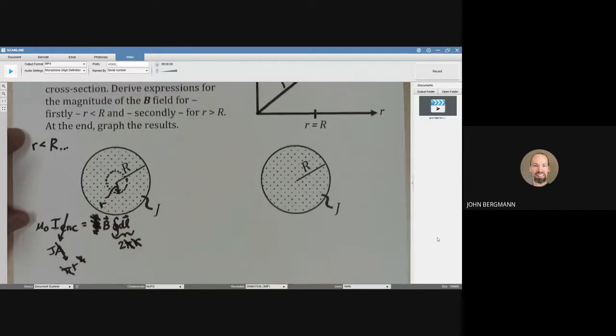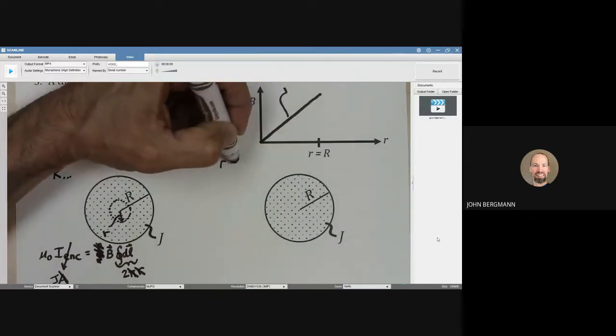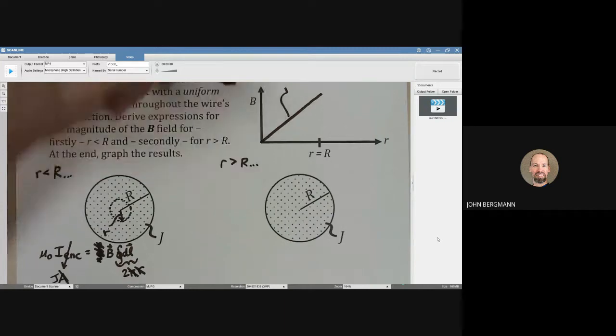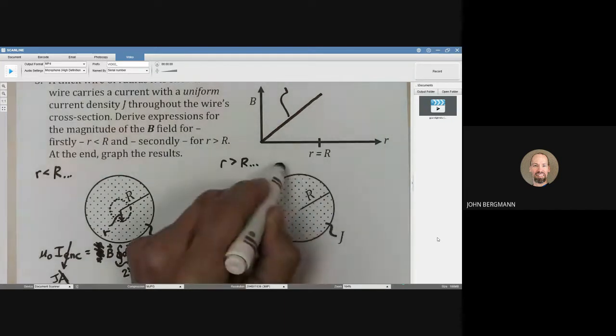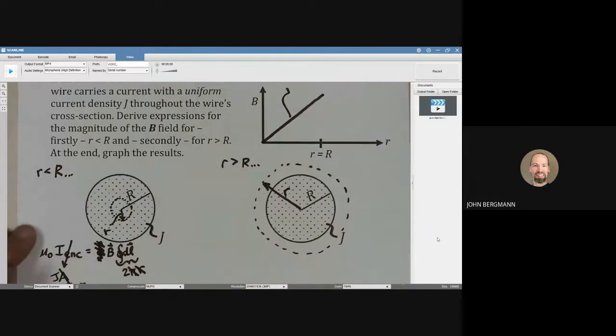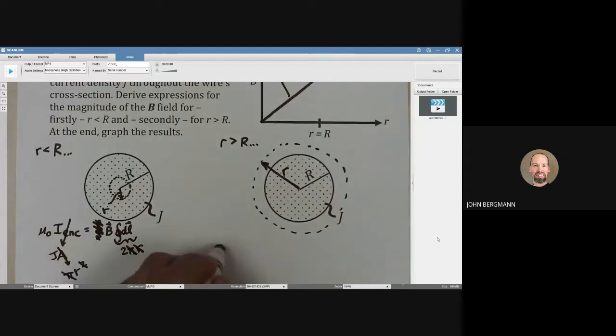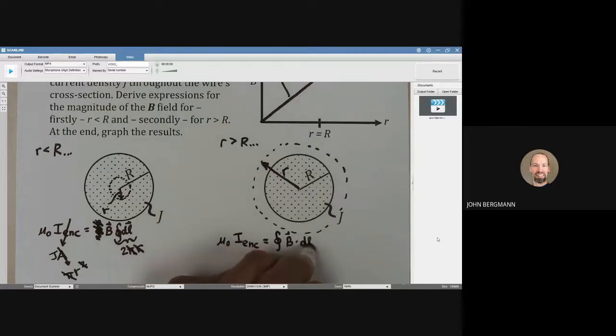Now, what if little r is bigger than big R? Well, now we need a different Amperian loop. So it's going to be out here. There's little r now. We're going to use Ampere's law again, just like always. Mu naught times the I that's enclosed is equal to the integral of B dot dl.